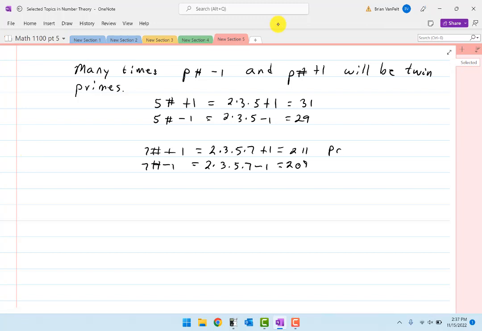Now the first case, this one happens to be prime, but 209 is not prime. In fact, it equals 7 times 29 equals 209. So getting a pair of twin primes that way is not going to work. But try a few and see if you can generate several collections of prime twins.